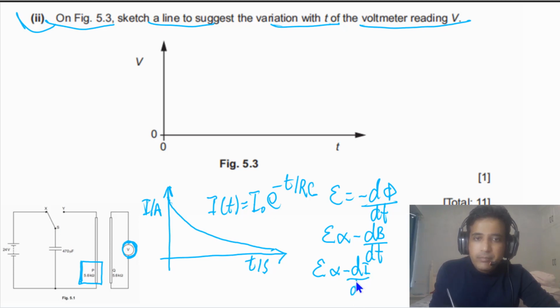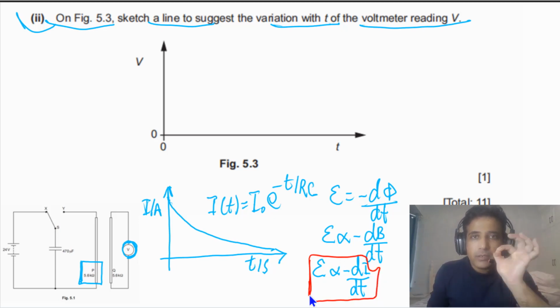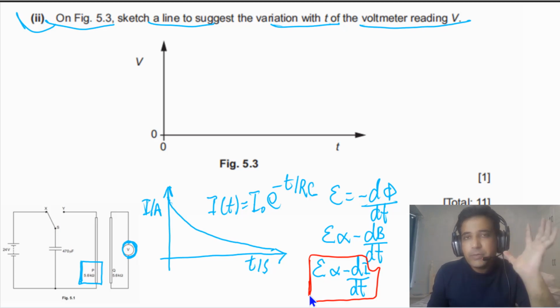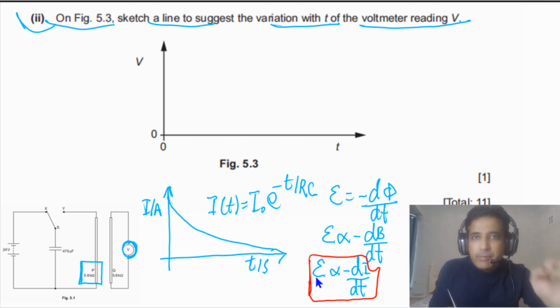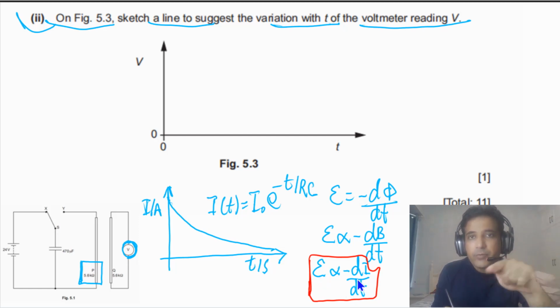This is the main point you need to understand. Negative dI by dt means EMF is proportional to the negative of the current gradient with time. The gradient of this graph is negative, and this gradient is decreasing in magnitude with time. So the EMF has to be positive because EMF is the negative of the current gradient. So EMF will be positive and EMF will decrease with time.